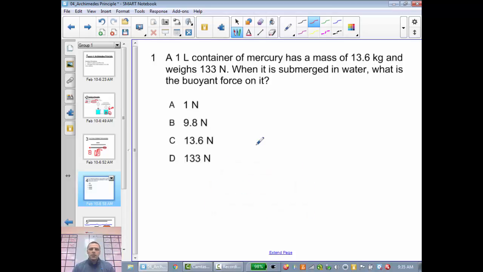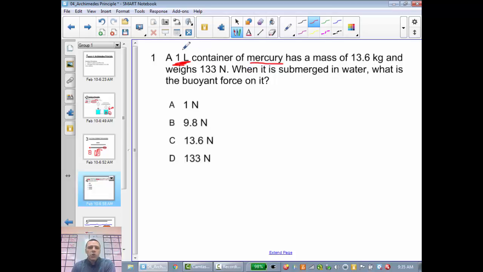Okay, so hopefully you had a chance to pause the video and maybe come up with an answer. So let's look at this for some key points. It's a 1 liter container of mercury. That's important because that's going to tell us how much water is displaced by this object. It's submerged in water. Now the mercury part is a little odd because we haven't really dealt with mercury, but the only thing that's really important is this.